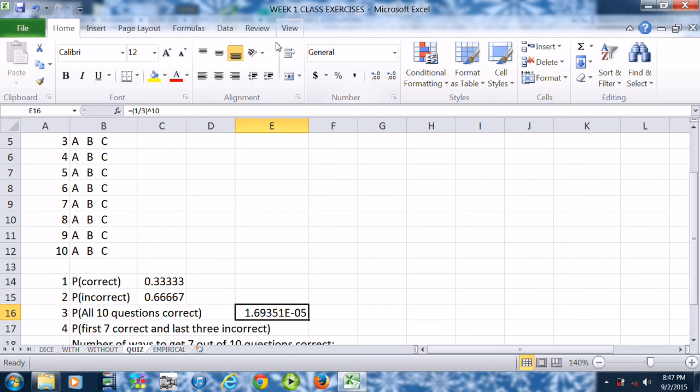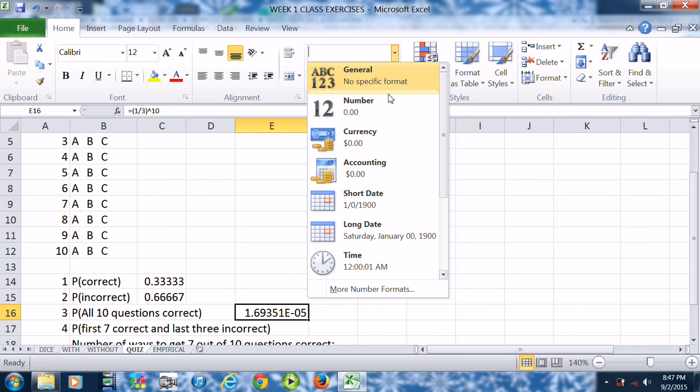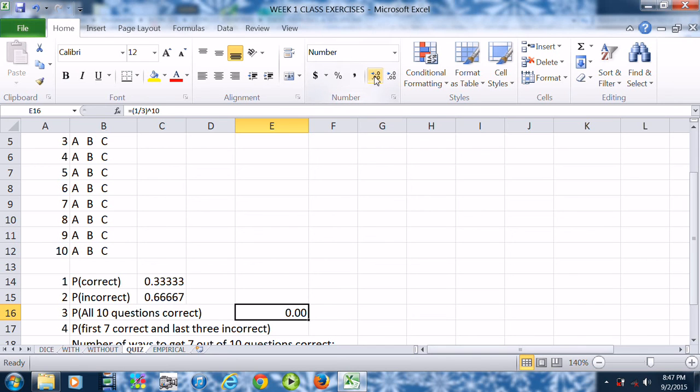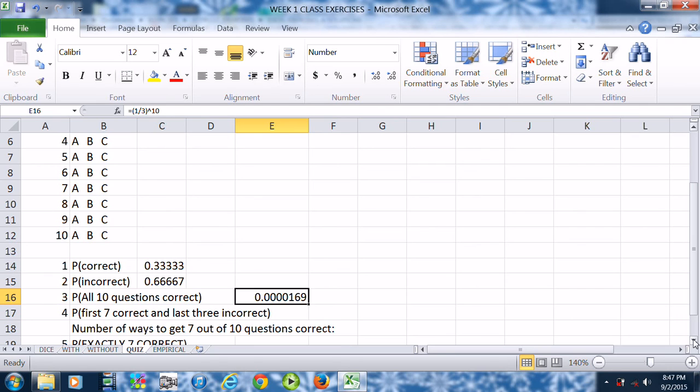Notice if I come up here on Excel, in the Home tab, to the number format and change it to number, and then increase the decimals, there we see we get 0.0000169. So the other version was scientific notation for a very small probability.